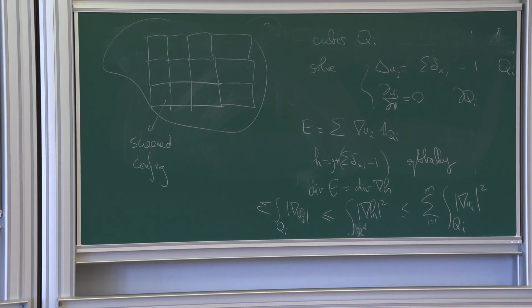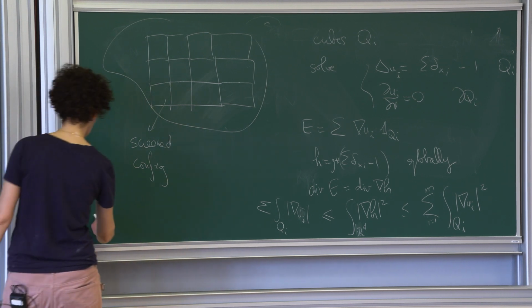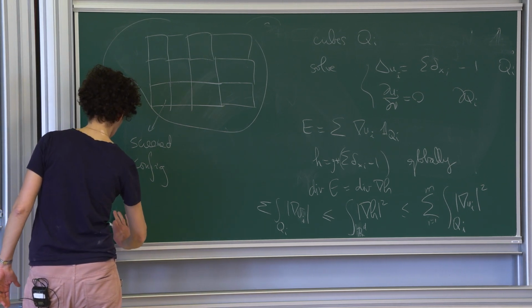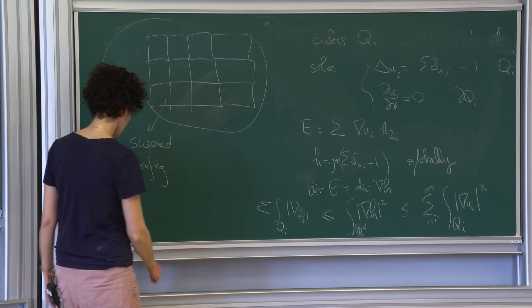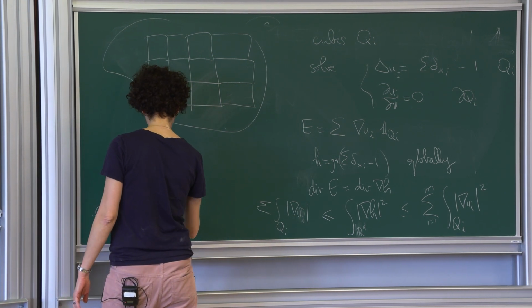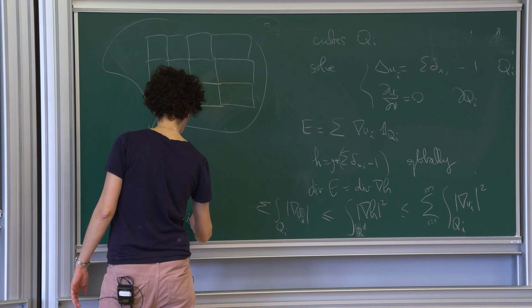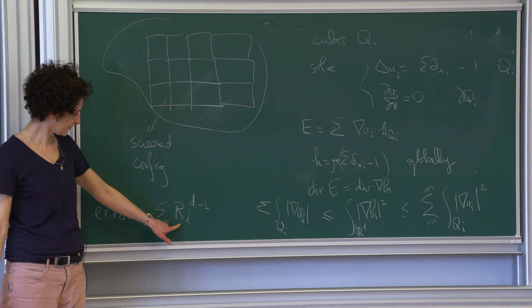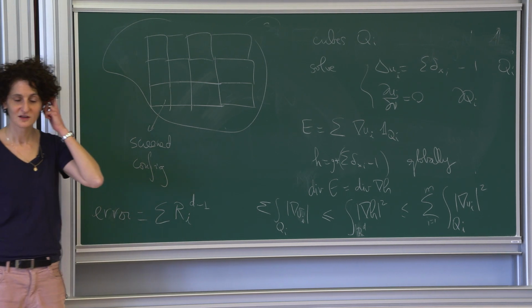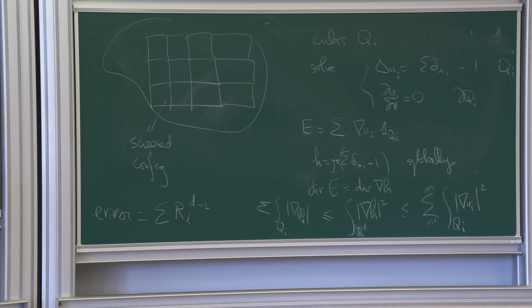So this is the work, right? There will be an error at the end, which is a sort of incompressible error, which is going to be the sum of the boundaries, the boundary sizes. So if you have cubes of size R_i, you will get an error R_i^(d-1).